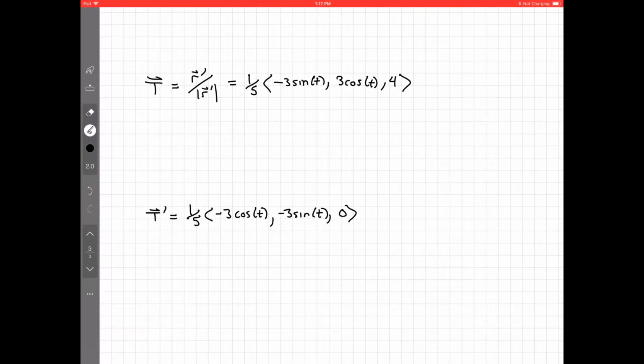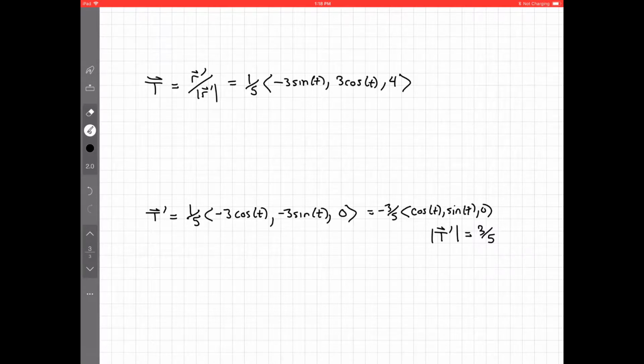So you can factor negative 3/5 out, and you'd be left with cosine, sine, and 0. Well, if you take the length of that, that's just 3/5. And the reason being, the absolute value, obviously, of negative 3/5 is 3/5.